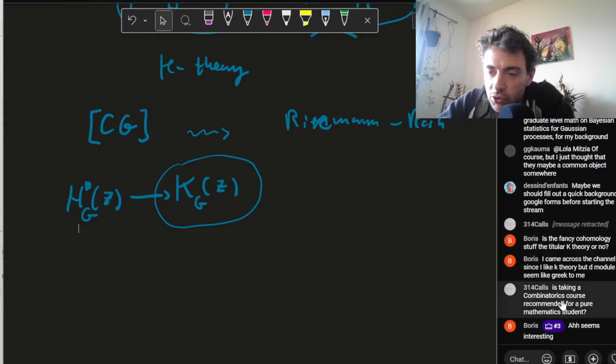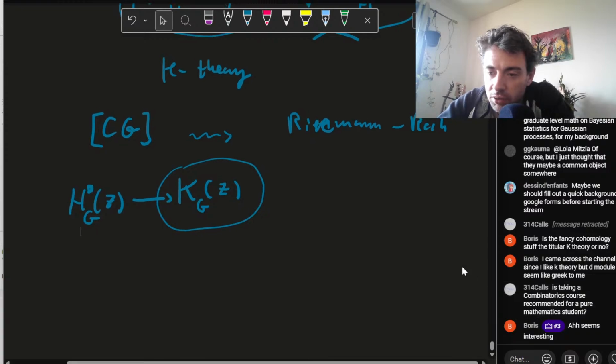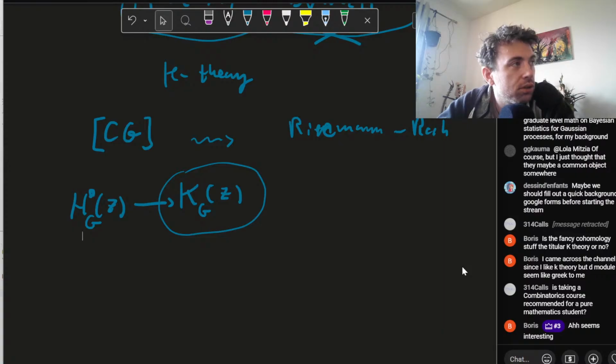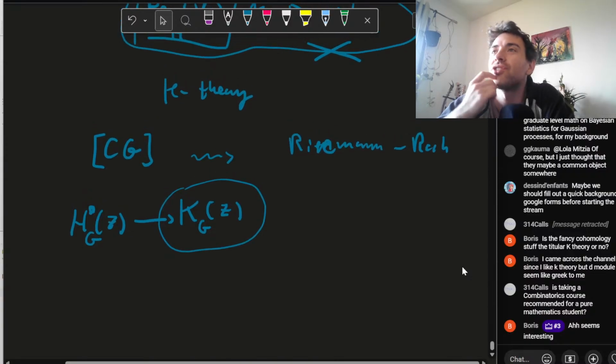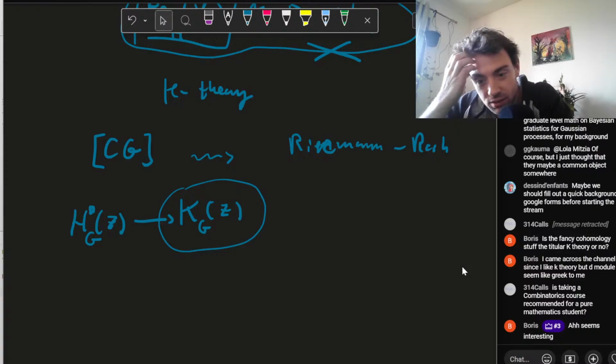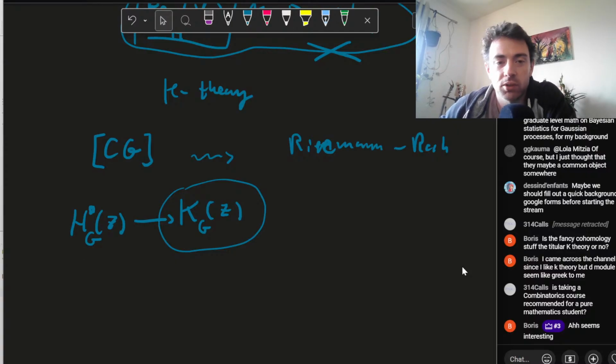Is taking a combinatorics course recommended for a pure math student? Well, I don't know. If you're interested in combinatorics, then yes. I mean, I guess you should take one anyways, to be a well-rounded mathematician. You'll probably have to count something at some point. So I have a bit of a combinatorics background just because I did my undergrad at a very combinatorics-heavy university. And there are people in my research group who just hate combinatorics.